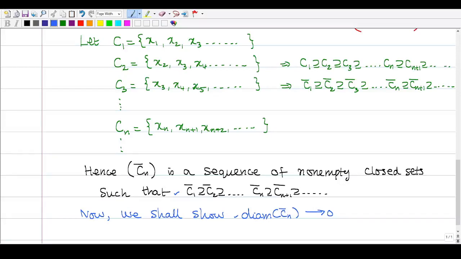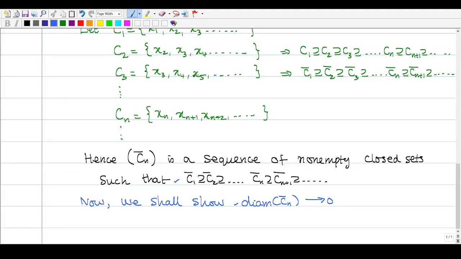சரி, அதெல்லாம் இருக்கட்டும். ஸோ முதல்ல எனக்கு இது கிடைச்சிருக்கு, C1 closure contains C2 closure, இதெல்லாம் கிடைச்சிருக்கு. ஸோ நான் இதுதான் சொல்ல போறேன். And note that we know that diameter of Cn is equal to diameter of Cn closure. கரெக்டா? நான் படிச்சிருக்கோம். ஏன்னா diameter of A equal to diameter of A closure போனதில் ஒரு லெம்மா படிச்சிருக்கோம். அதை நான் யூஸ் பண்ண போறேன்.